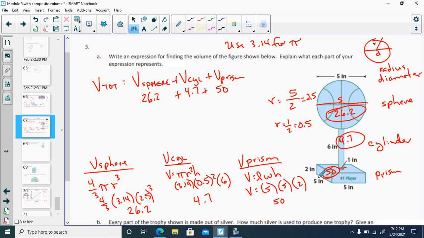Okay, that's right. You add those three together: 26.2 plus 4.7 plus 50 would give you 80.9 cubic inches.